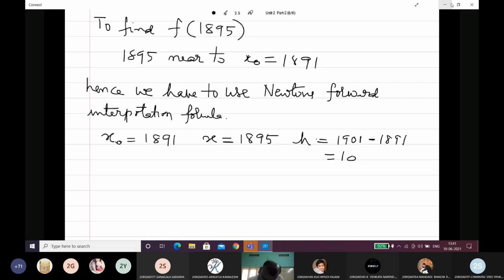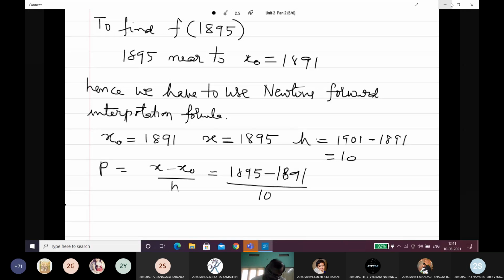Therefore, P is equal to, what is the formula for P? P is equal to x minus x naught by h. 1895 minus 1891 by h. ఎంతమ్మా చెప్పండి?